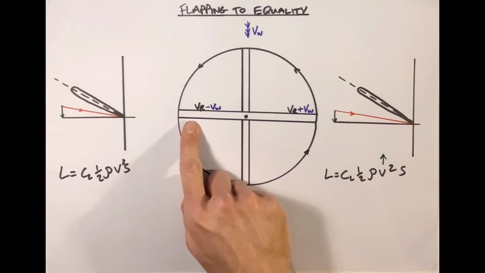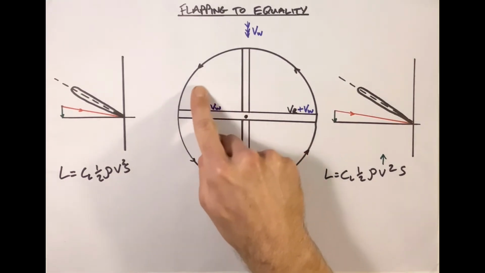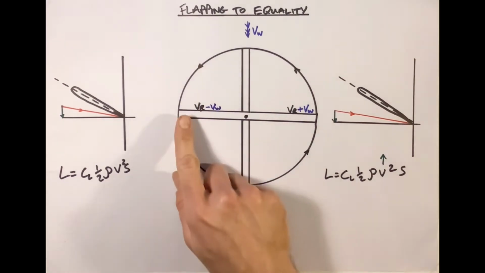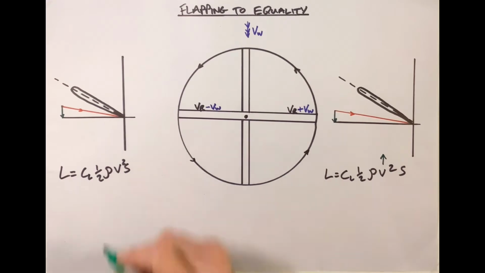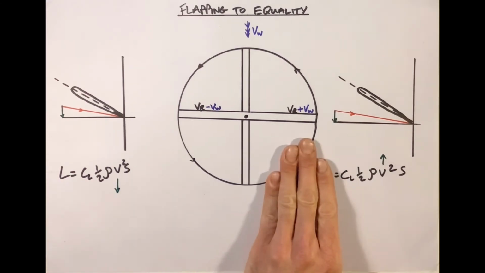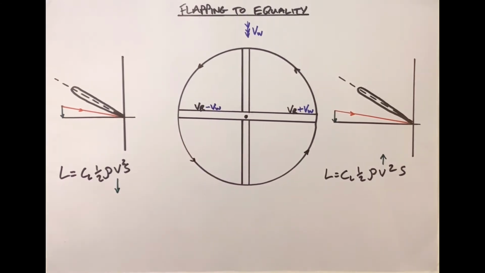On the retreating side, conversely, we're going to be moving the blade away from the oncoming airflow, and therefore we're going to get a reduction in velocity, which is going to give us a reduction in lift. Therefore, we're going to end up in a situation where we've got more lift on the advancing side than the retreating side, and that is the first stage we get to, which is called dissymmetry of lift.